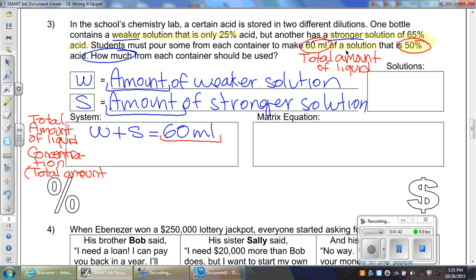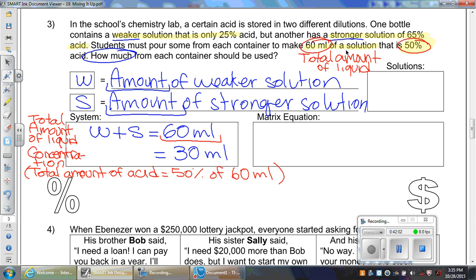Someone said 30? Yes? Correct. Total amount of acid will be 50% of 60 milliliters. So because of that, we're going to make our second equation equal to 30 milliliters.